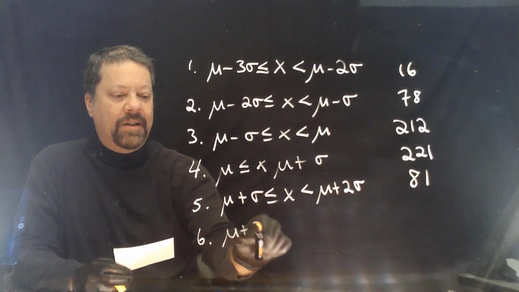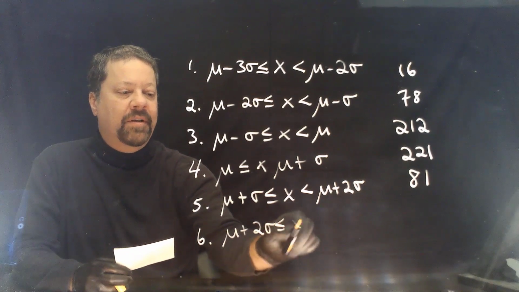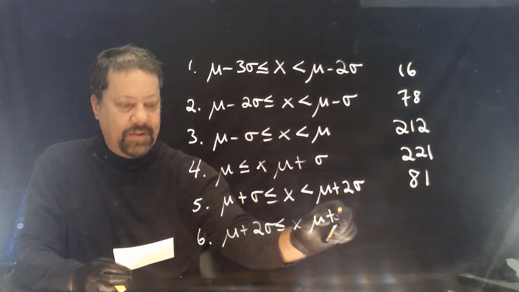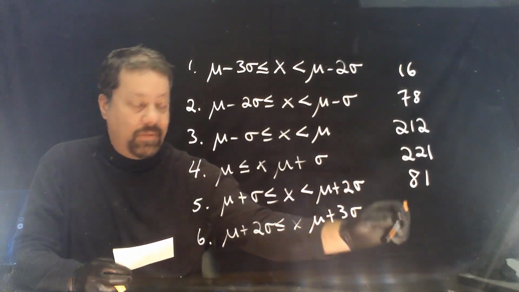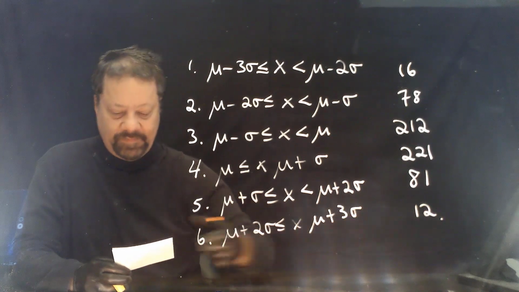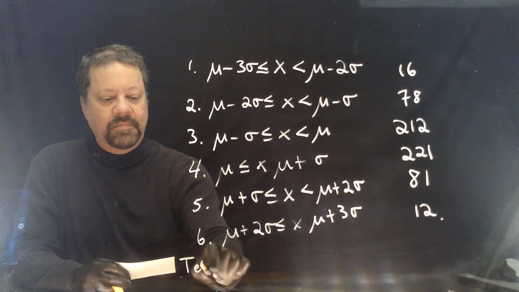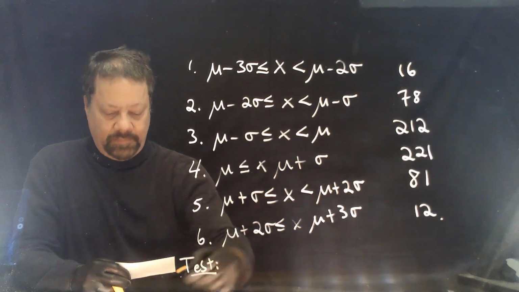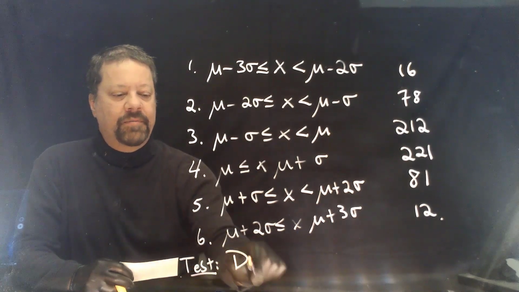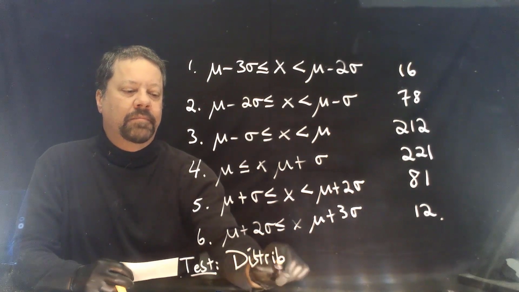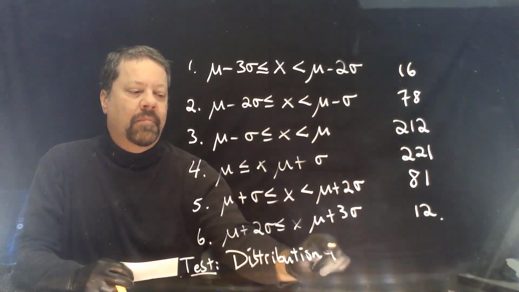And from the mean plus 2 standard deviations to the mean plus 3 standard deviations, there were 12 days. We're going to test the claim that the distribution is normal.